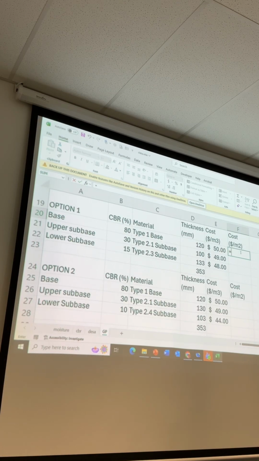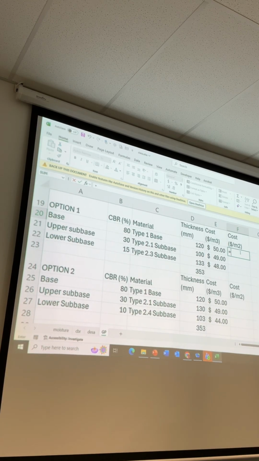We need to convert thickness from millimeters to meters. So my thickness is right now 120 millimeters, which is 0.12 meters. And then I know that this is my price per cubic meter.